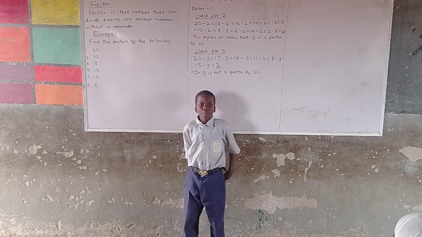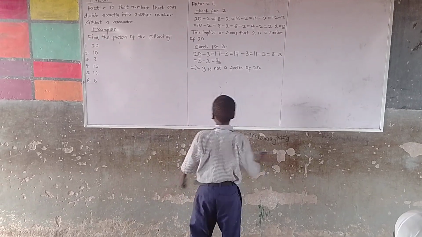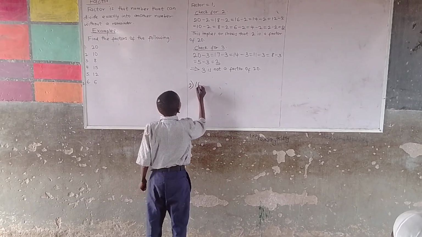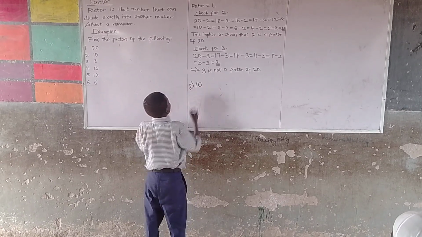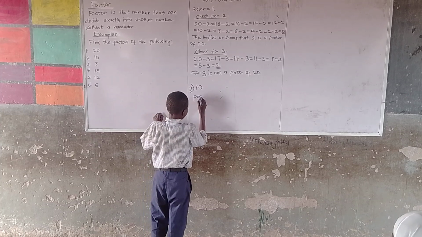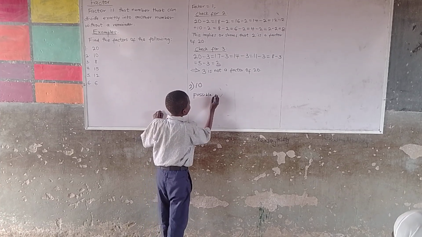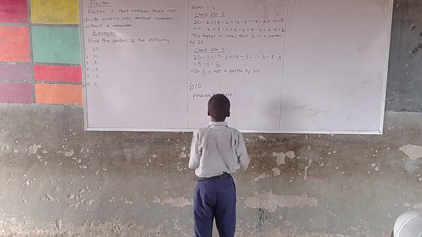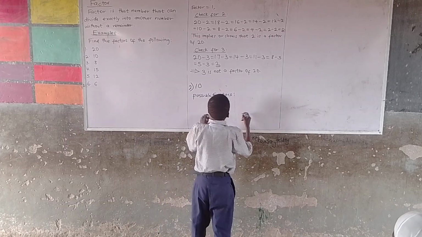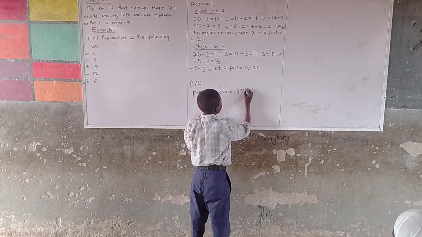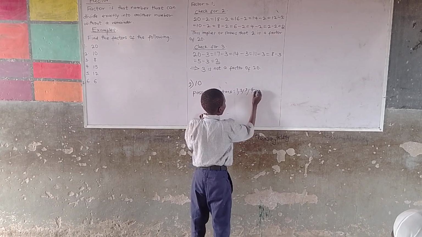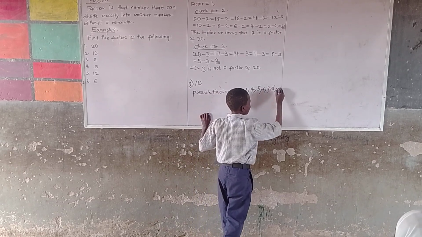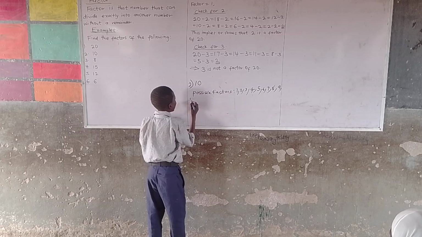Take this as an example. Number 2, that is 10. What are the possible factors of 10? The possible factors of 10, that is 1 to 10: 1, 2, 3, 4, 5, 6, 7, 8, 9, and 10 itself.